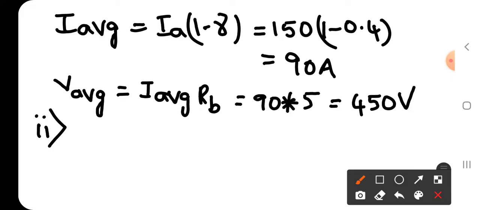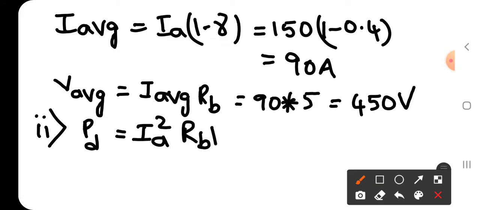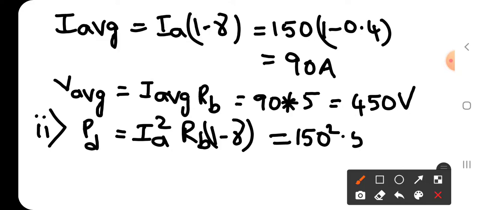Next, the second one, power dissipated. Here also you can write Ia square into RB into 1 minus gamma. So here you can write this as 150 square into 5, 1 minus 0.4.